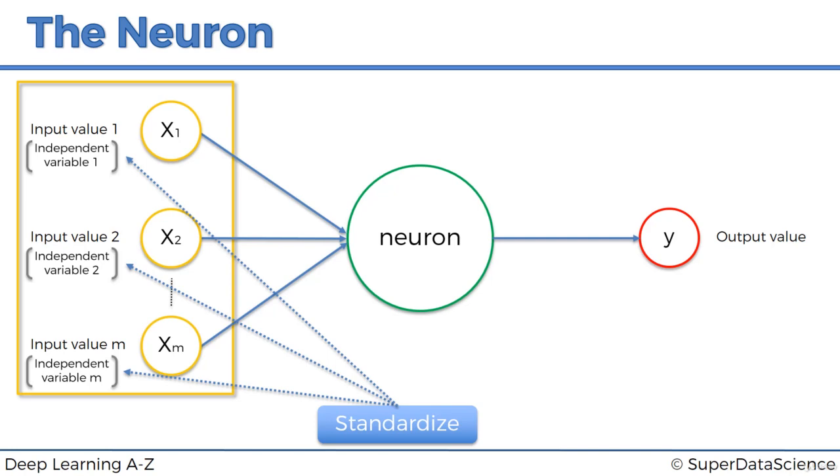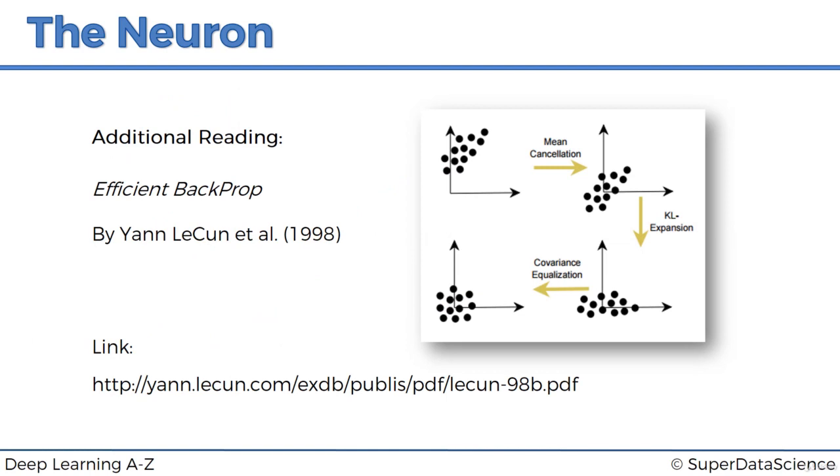And if you want to read more about standardization, normalization, and other things that you can do to input variables, a good additional reading paper is called Efficient Backprop by Yann LeCun, 1998. The link's over there. So Yann LeCun, we're actually going to talk more about this phenomenal person in the space of deep learning in the part of the course where we're talking about convolutional neural networks, and you'll see that this is definitely a person who knows what he's talking about.